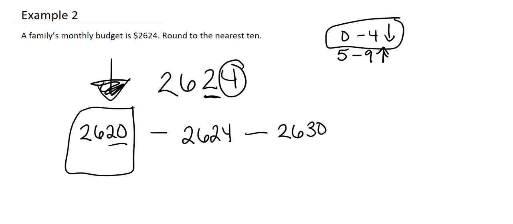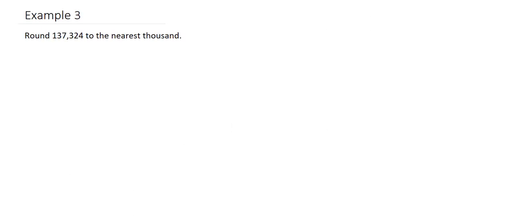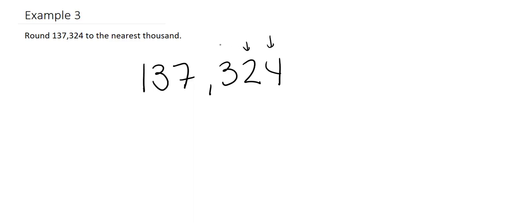So let's look at the last example. Example 3. Round 137,324 to the nearest 1,000. So we have our ones, tens, hundreds, thousands. We're going to underline the 1,000 because we're going to look to see if we round down or up on that one.